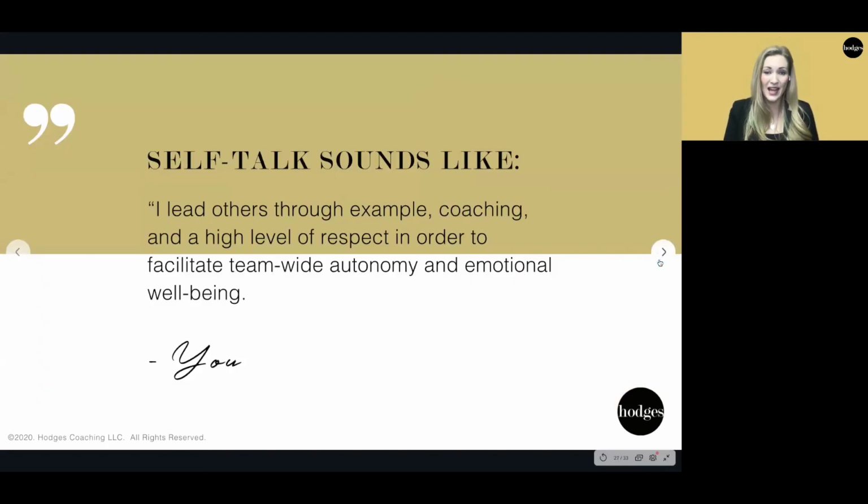And one more time, because I know it was a little wordy, self talk sounds like I lead others through example. So I show up as a self leader, right? Coaching, so you ask questions and listen, and a high level of respect, asking for consent and respecting boundaries in order to facilitate team wide autonomy and emotional well being, AKA social safety.